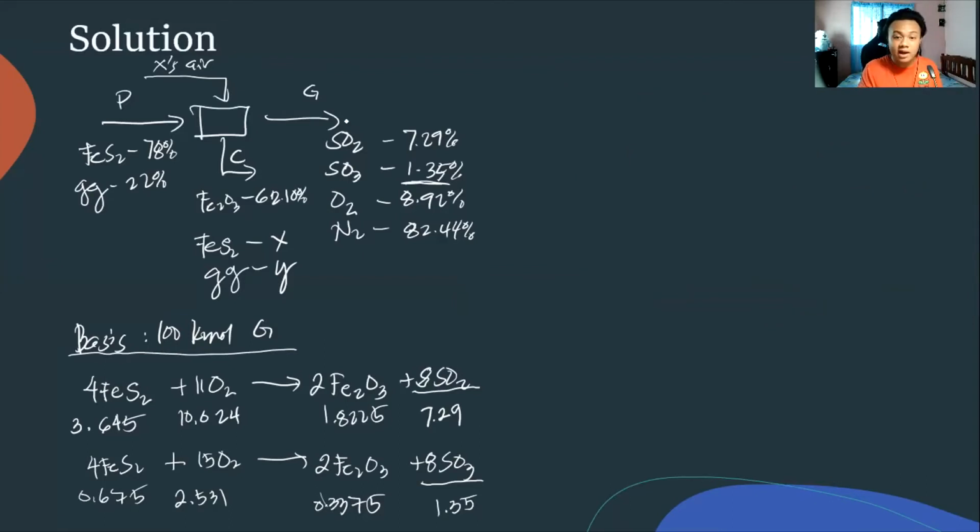Okay, so now we have our FeS₂ balance. So FeS₂ balance, you have 78% here. So 78% of your pyrite, diba? And then you have 4.32 kmol there. So if we just add the FeS₂ na react, so we have 4.32, diba?